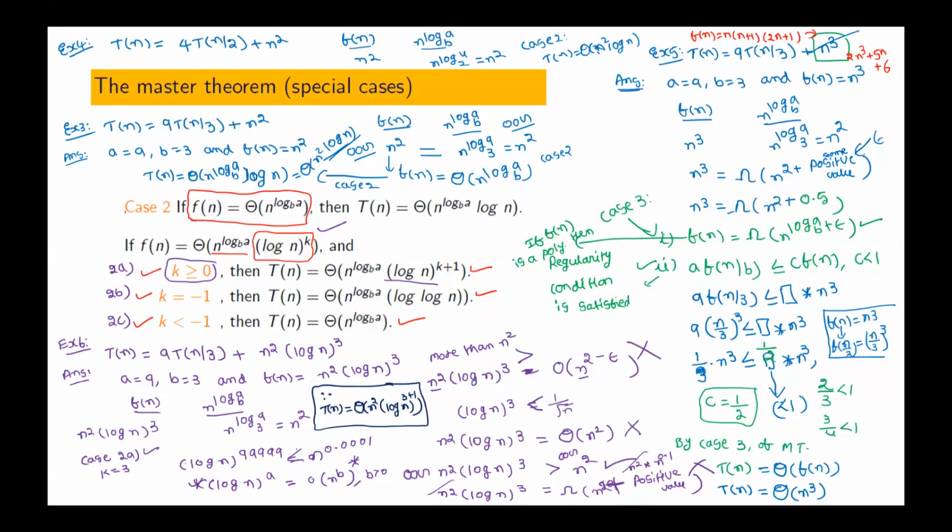If we don't understand this, we need to memorize it. If you understand, then based on the recursion tree, you will easily be able to get these cases. Next, we'll see some examples.